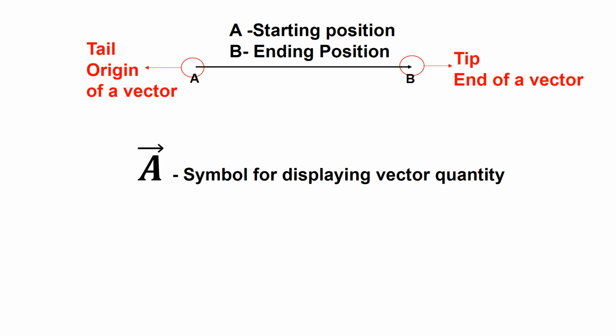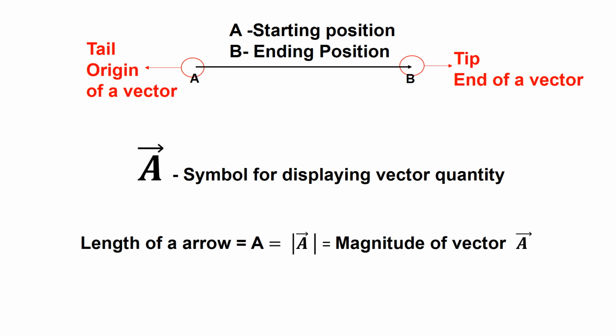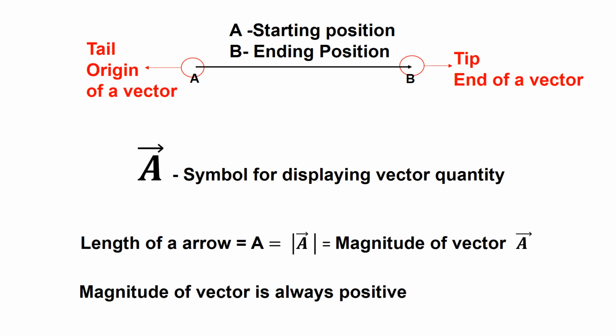A vector quantity is represented by a single letter and an arrow above it. The length of the arrow indicates its magnitude. Vector magnitudes are represented by the same letter as the vector without an arrow at the top. A vector's magnitude is always positive since we are taking the modulus.